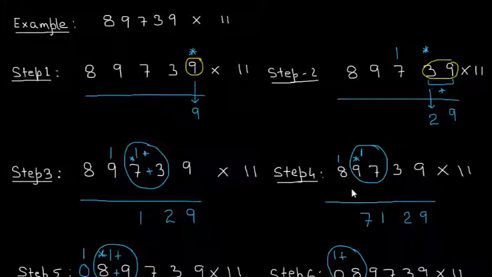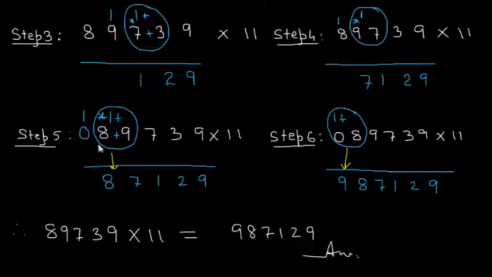Now again, we are in number 9. 9 plus 1, that is the carry, plus its right neighbor 7, that is 9 plus 1 plus 7, that is 17. Now we are in 8.